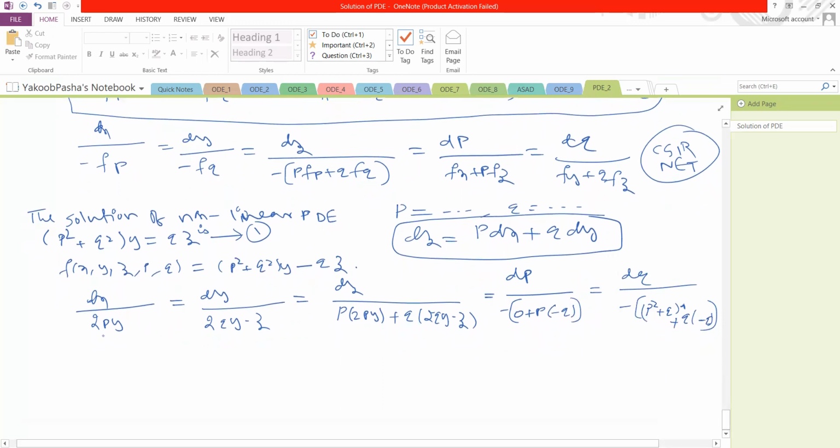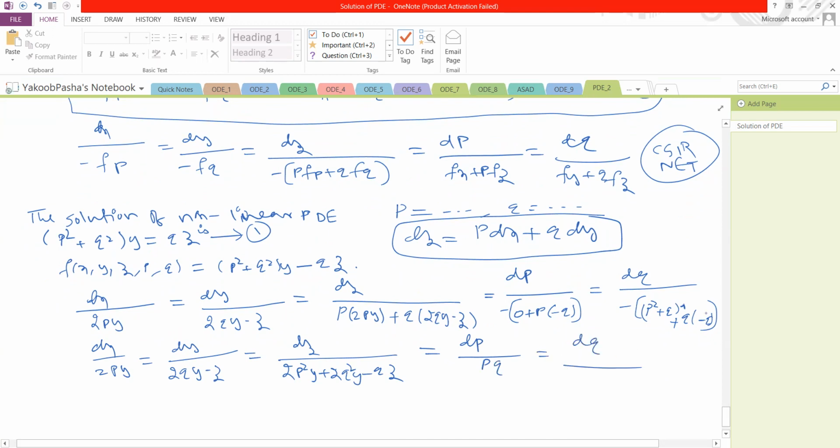So here we write: dx by 2py is equal to dy by 2qy minus z is equal to dz by 2p square y plus 2q square y minus qz, and dp by minus of minus pq, dq by p square plus q square minus q square.